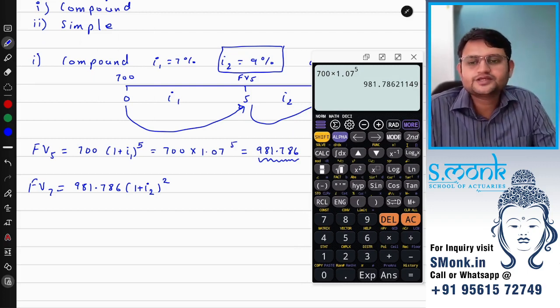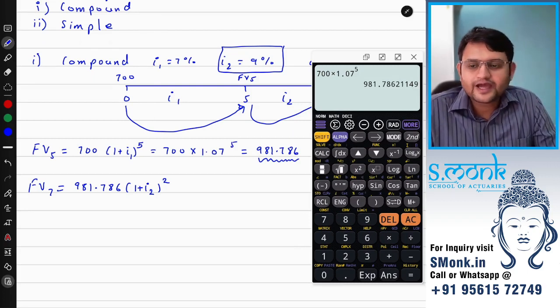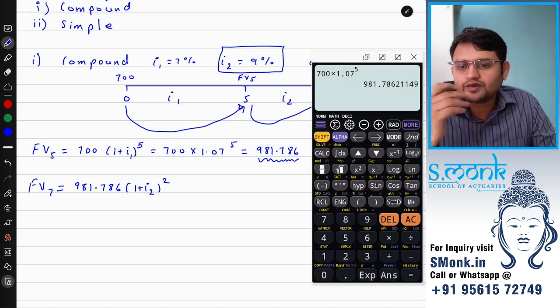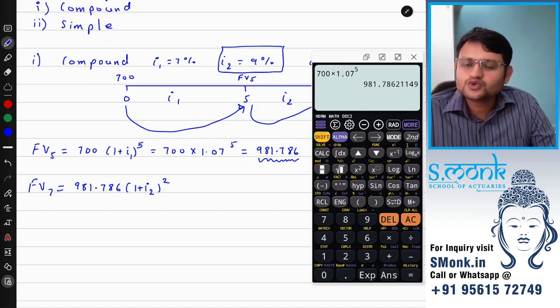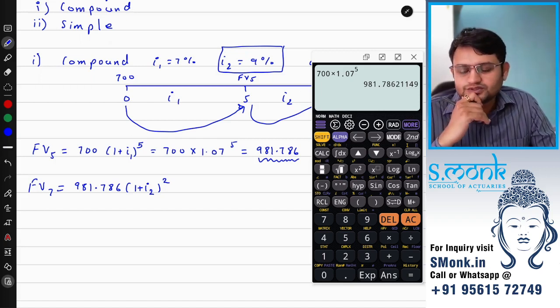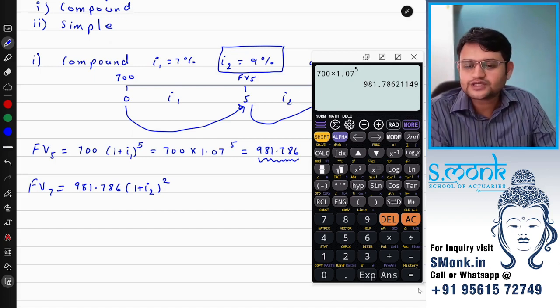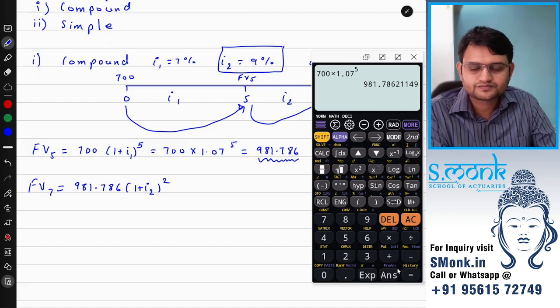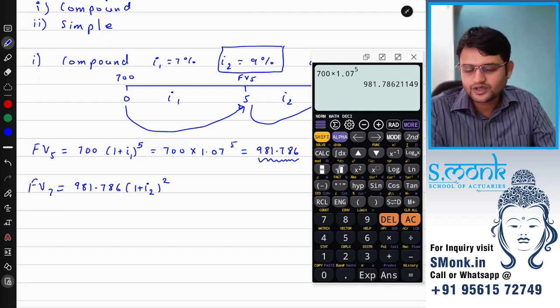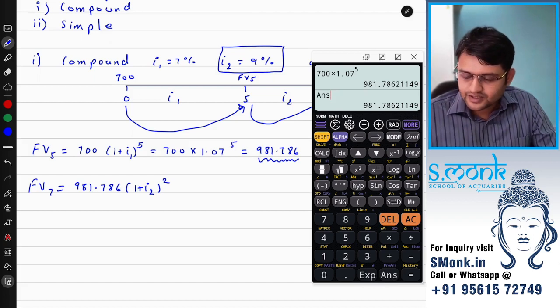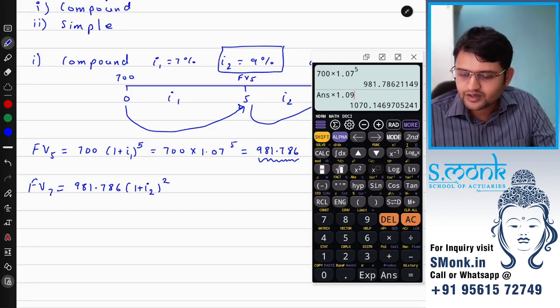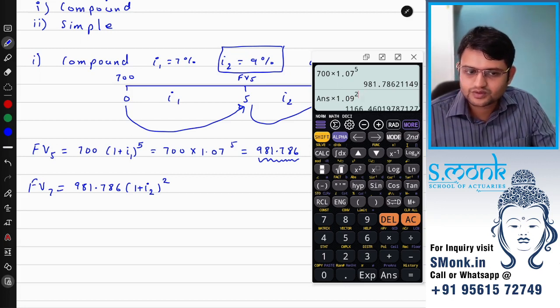Now see, in this calculator, I just calculated this 981.786. Now I want to use this for my next calculation. For this, I can use this answer button. You can see here we have an answer button. You can use this directly. Here I can say answer into 1.09 raised to 2.